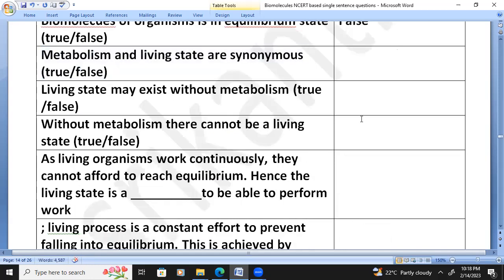Metabolism and living state are synonymous. True. Living state may exist without metabolism. False. Without metabolism, there cannot be a living state. As living organisms work continuously, they cannot afford to reach equilibrium. Hence, the living state is a non-equilibrium steady state.